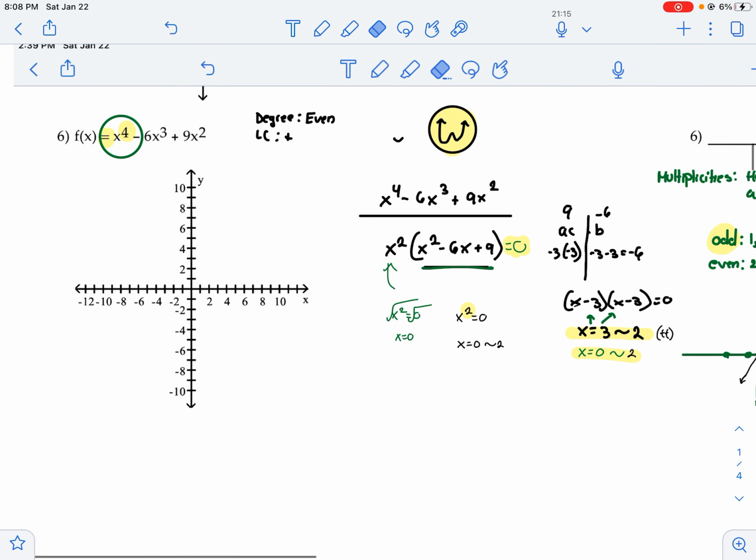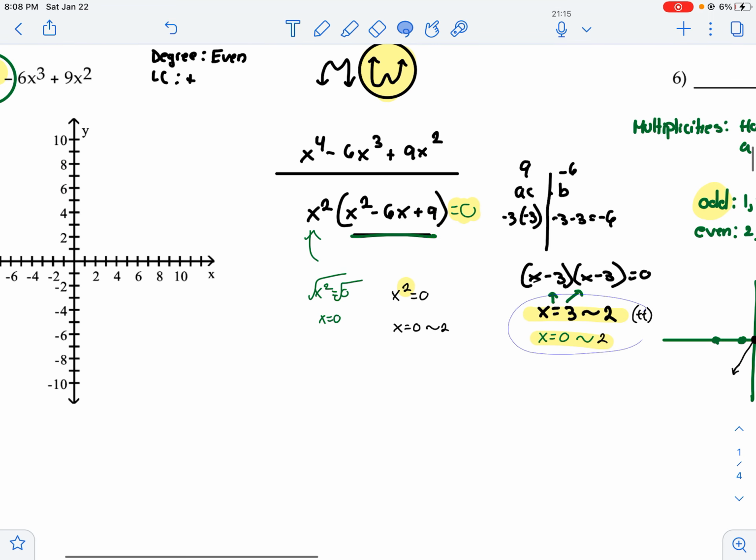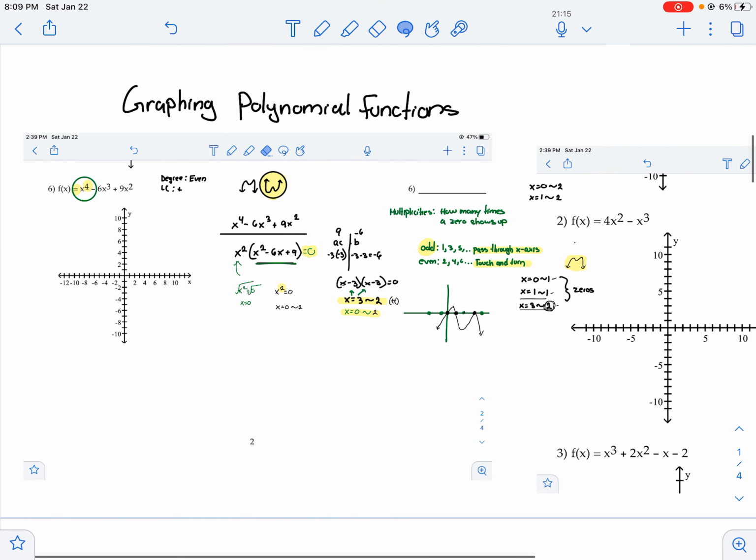So we know our x's over here. We know that these are our zeros, and we can actually start graphing, I think, because we found our end behavior, we found what our zeros are. I don't think I ever wrote down the steps for doing this.